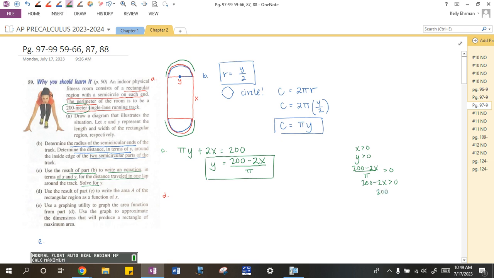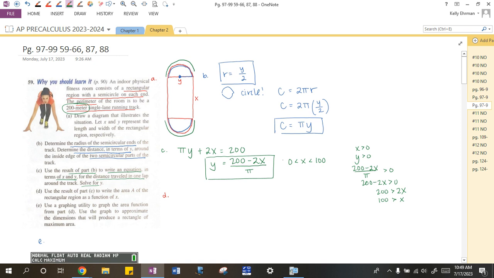And solve this for x. So as long as 100 is greater than x, or flip that around, as long as x is less than 100 but bigger than 0, so as long as x stays between 0 and 100, this function is viable. Otherwise, if you're outside of those dimensions, then you have negative dimensions, and that doesn't work.